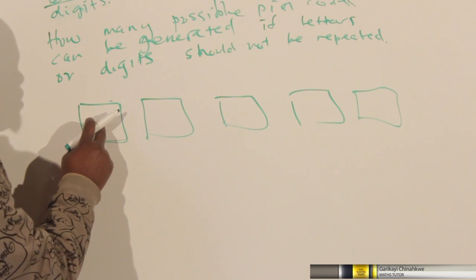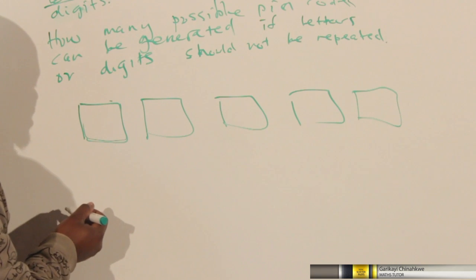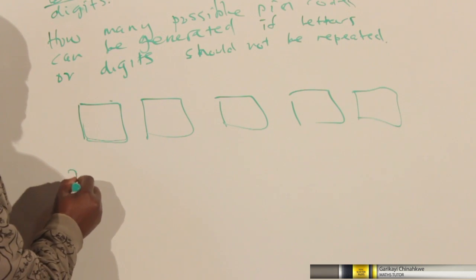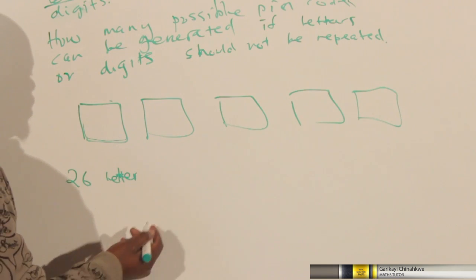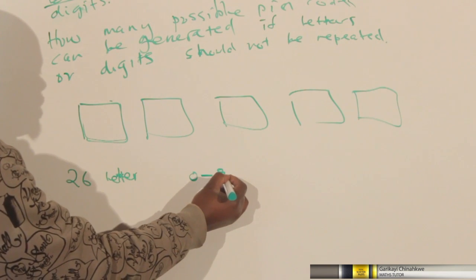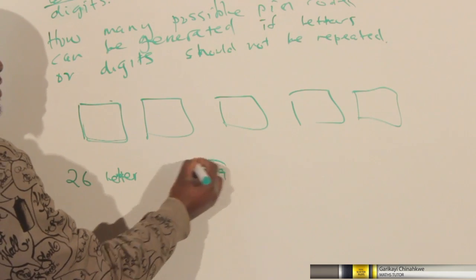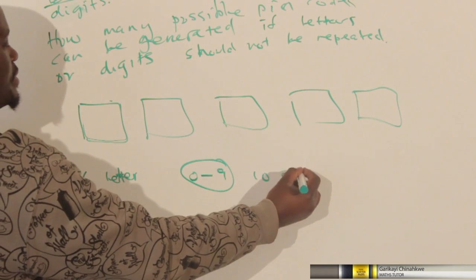First of all, you must ask yourself how many characters can be in the first block. How many letters are there in the alphabet? There are 26 letters. And how many digits do we have? Digits from 0 to 9, so we have 10 digits.